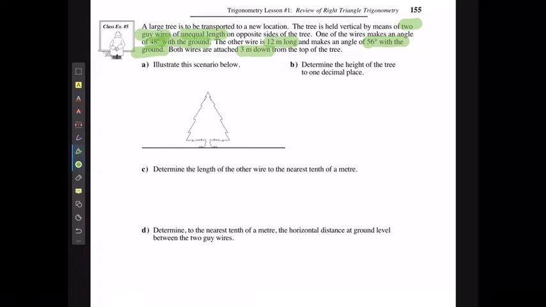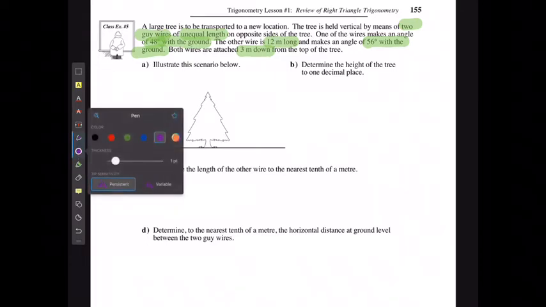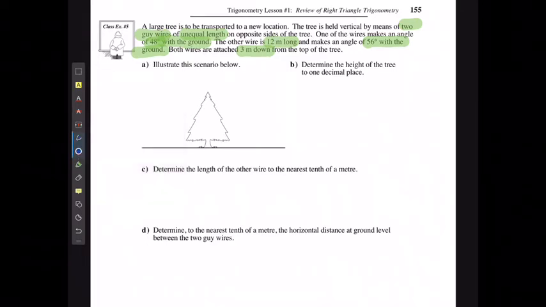So first I'm going to do my best to draw what this is going to look like. The two wires are going to be attached on opposite sides of the tree. So if I go straight up and down the tree, they're going to be attached on opposite sides, and one is going to make an angle of 48 degrees with the ground.